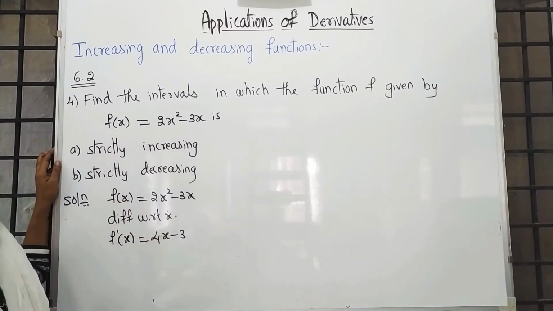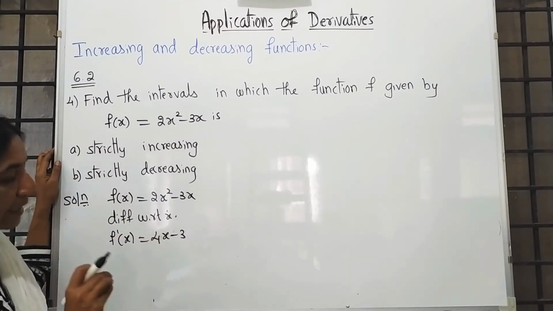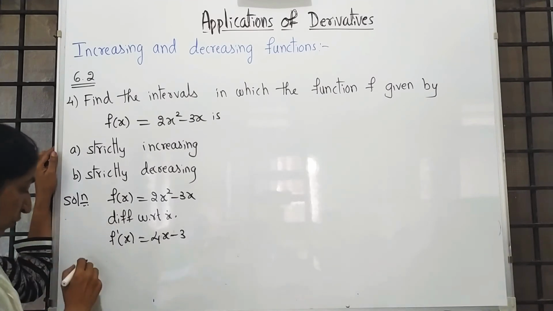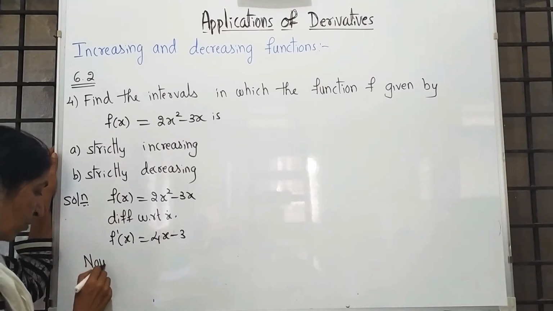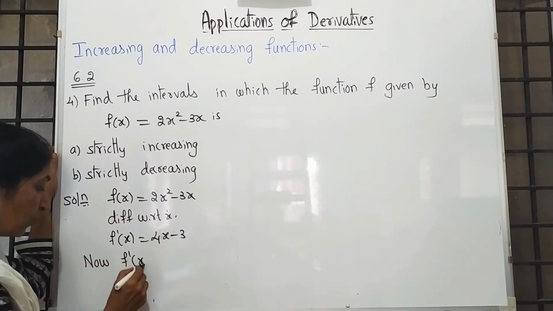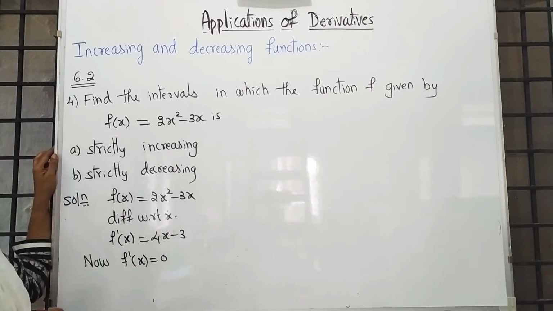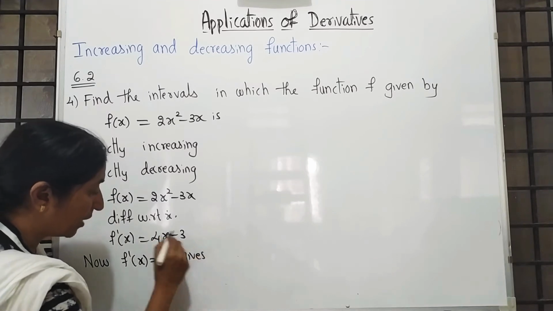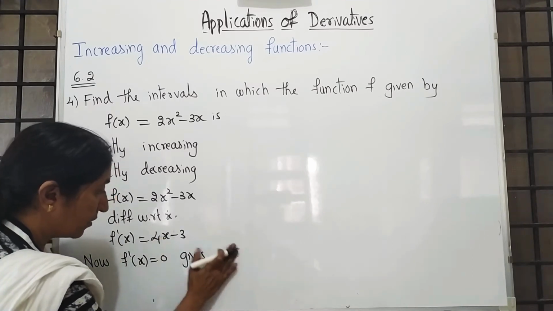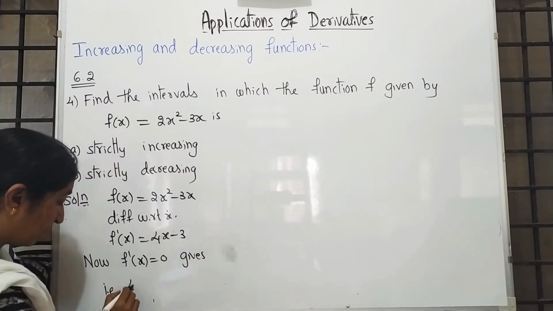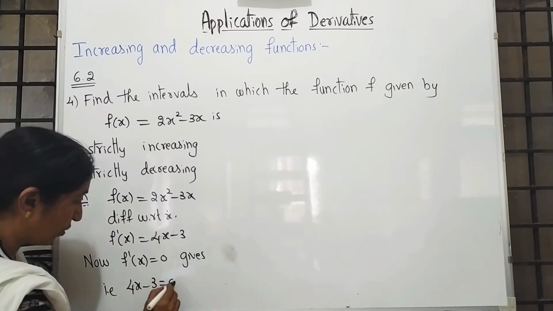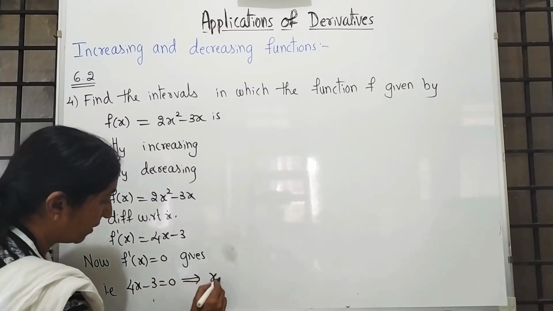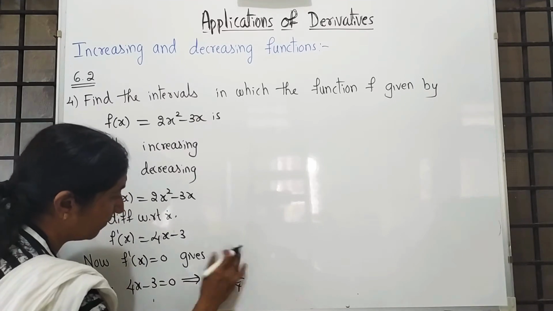If the question is to find the interval, there is a little bit of change. So what we have to do? We have to equate the first derivative with 0. That means f dash of x is equal to 0 gives 4x minus 3 is equal to 0, which implies x is equal to 3 by 4.